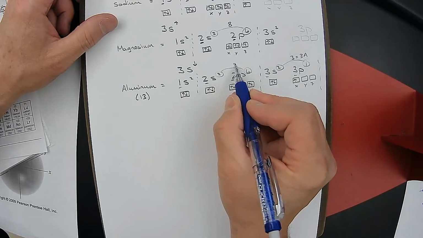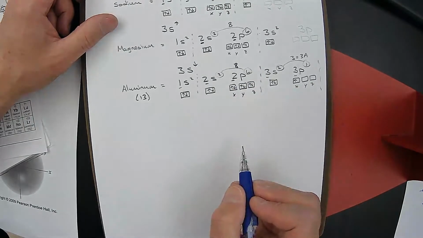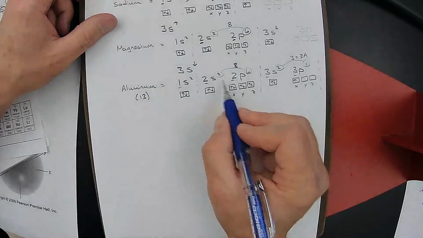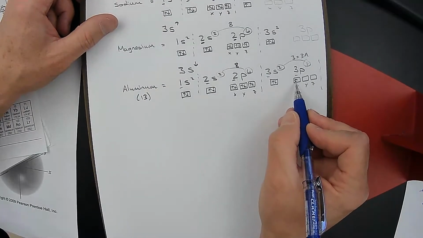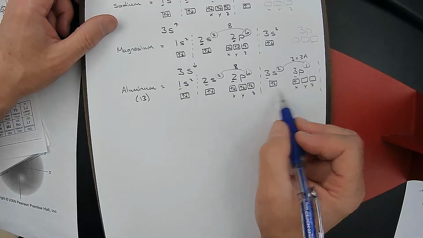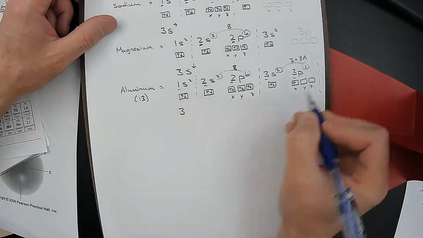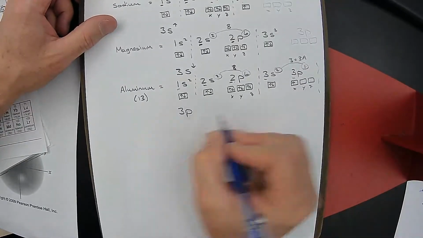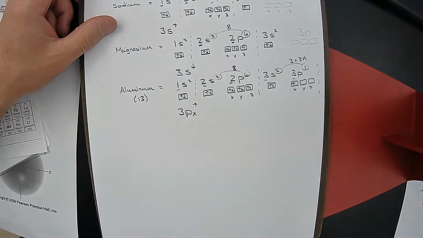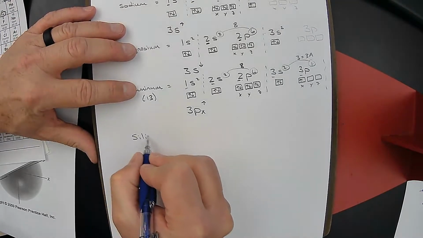Once it loses those 3, it'll have 8 on the outside in the second principal quantum number. And it'll be a 3 plus ion because you lose 3 negative electrons. The last electron for aluminum is the 3px up spinning electron. The next element is silicon.